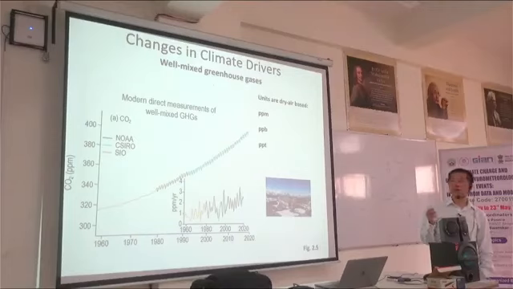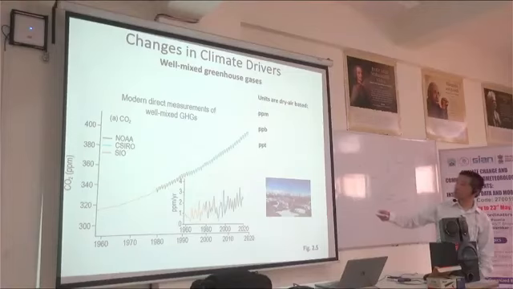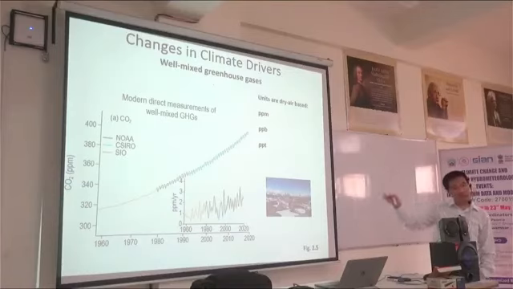When you have a peak here, that is the highest CO2 level within a year, right? Why does that happen? You can see the zigzag is an annual trend. Every year you have a peak, and then you have a valley.